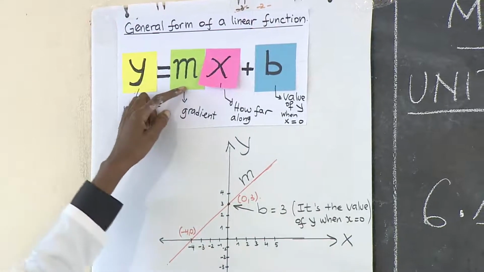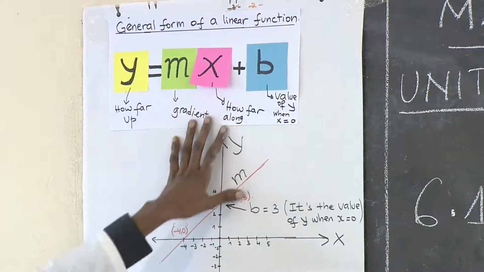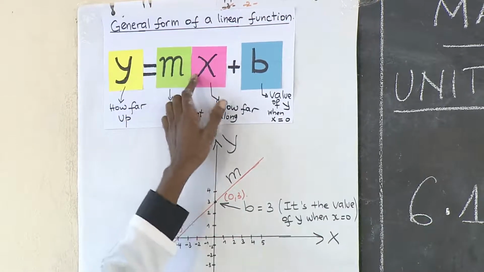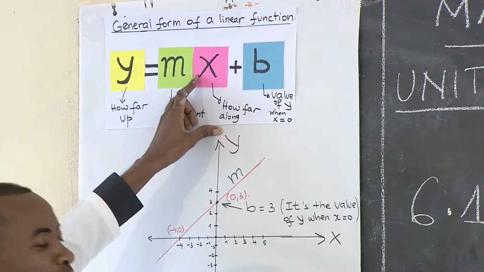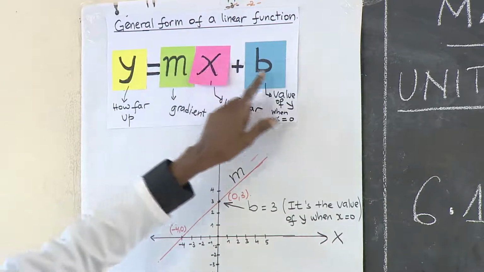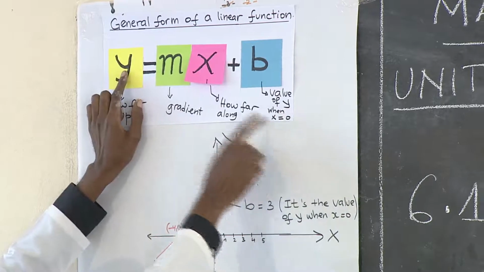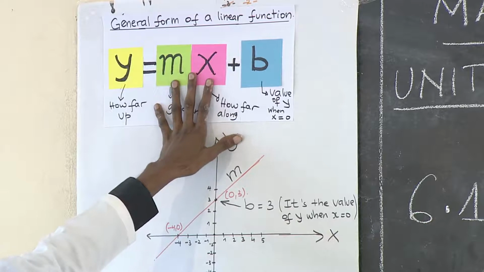We have m, this is the gradient, and we will talk about it. We also have x, which explains how far you've gone along a horizontal line. And we have b, this is the value of y when x is equal to 0. I think everyone is understanding this.